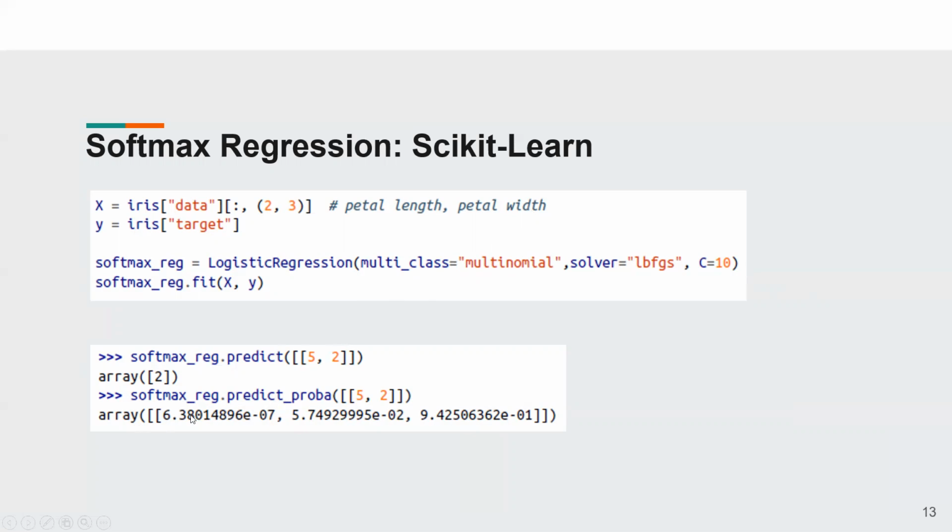Turns out to be which one is larger. You can see that 0, 1, 2, those 3 different classes, and then this one has the highest probability. That's why it turns out to belong to the index of 2 class, which is essentially the 3rd class, right? 0, 1, 2. Okay, that's scikit-learn with multinomial logistic regression.